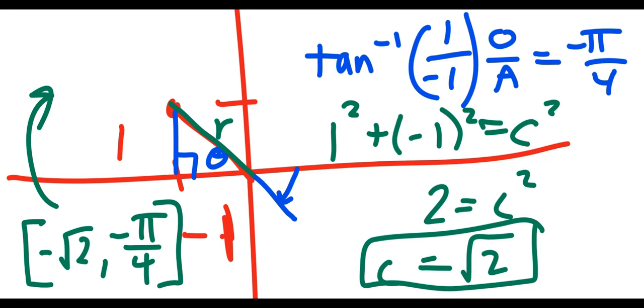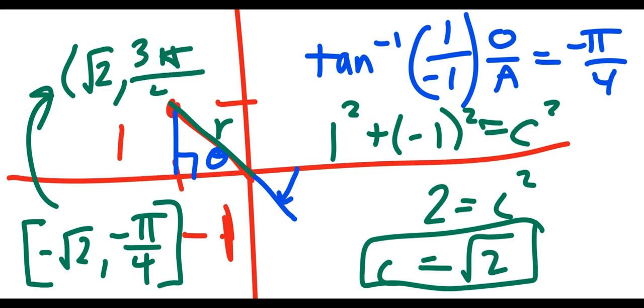Or we could say positive radical 2 and 3 pi over 4. Just the 3 pi over 4 would make me rotate to here, and then stepping radical 2 units away from the origin.